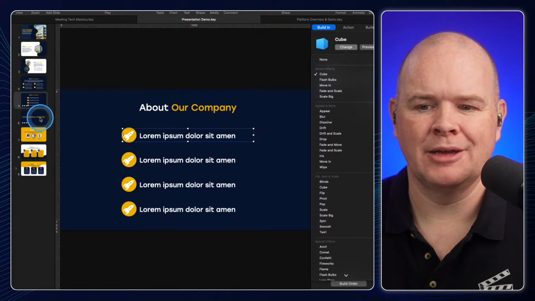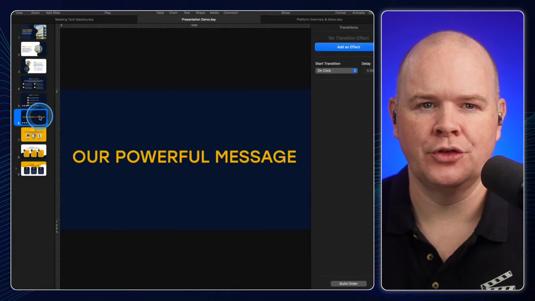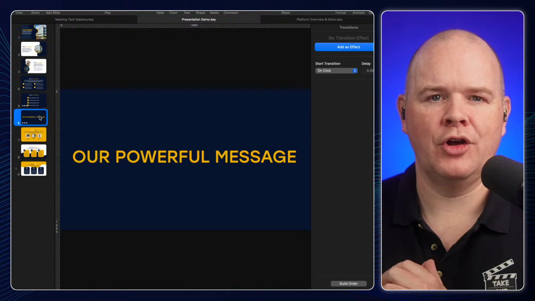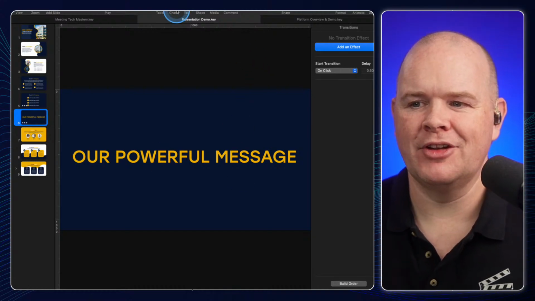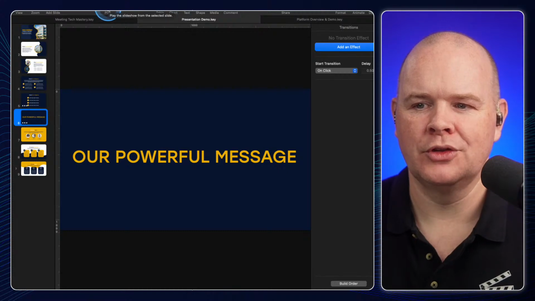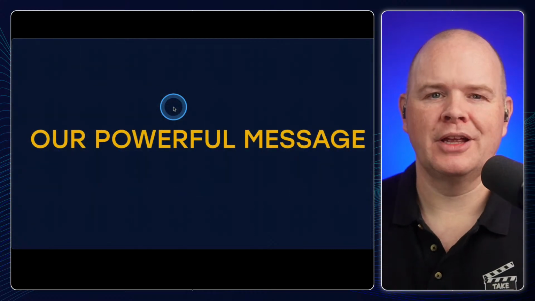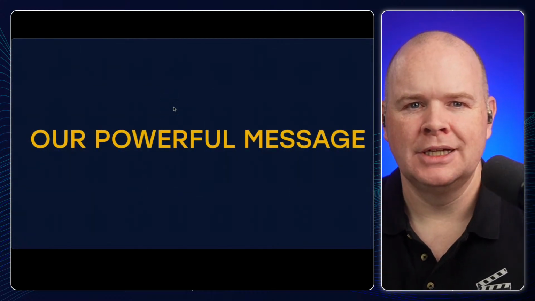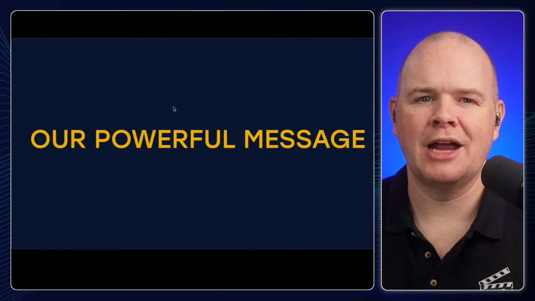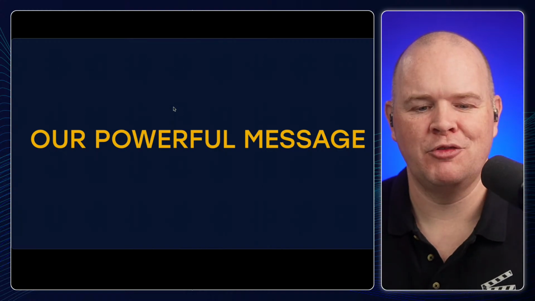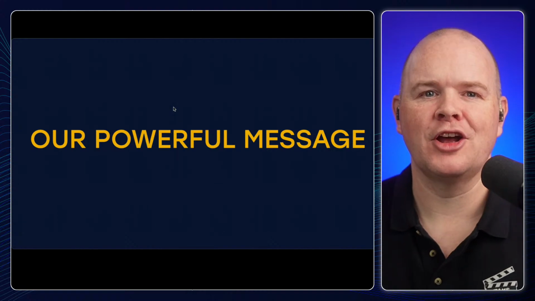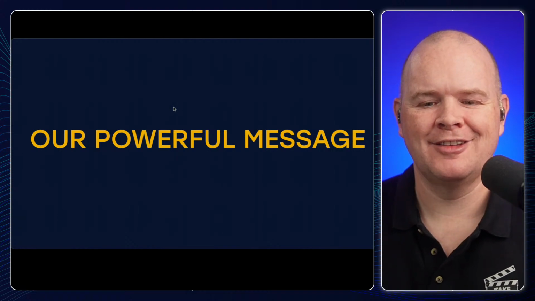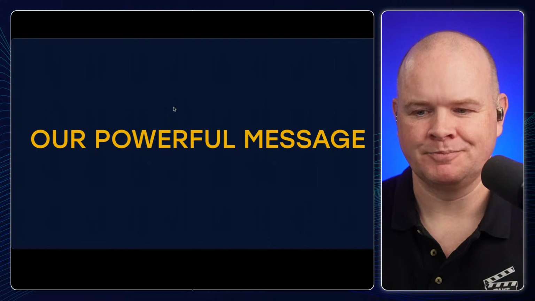And one of the examples that I used in the Keynote course would be something like this. If you have got a really powerful message that you want to deliver, then there is an occasion where you might want to use something a little bit more like this, so that when you click on the button, something like that is going to be impactful. And I think that if you use those things sparingly, where you have got some sort of powerful message to deliver, then there is an opportunity to use those effectively.